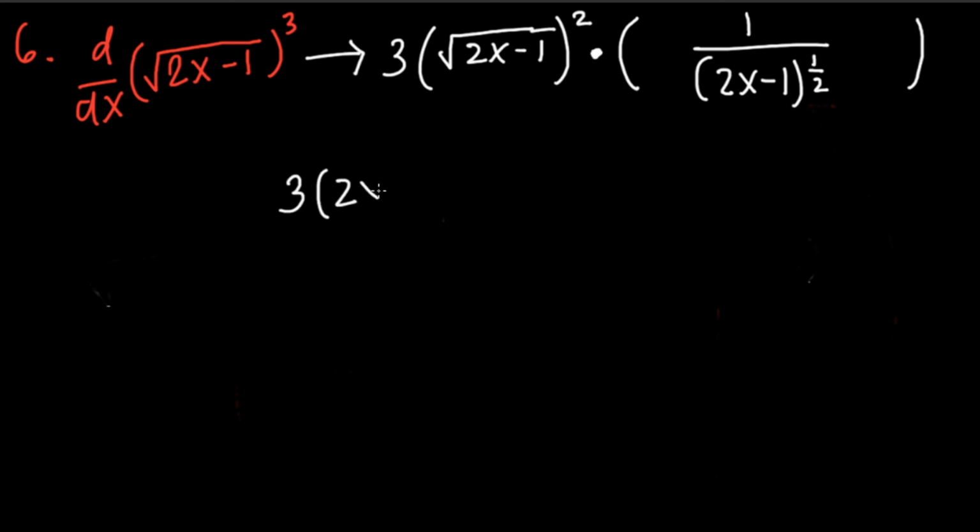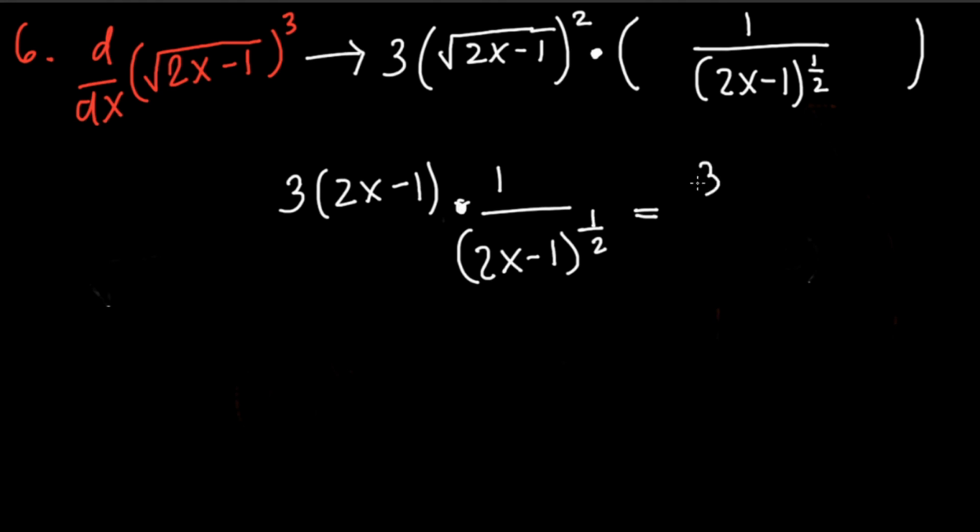Gets? Times 1 over 2x minus 1 raised to 1/2. So, 1 over 2x minus 1 raised to 1/2, edi 1 na rin itong taas. Kasi tatimes mo lang naman to sa 1. Diba? Oh, edi 1. So, ang sagot is 3, 2x minus 1, all over 2x minus 1 raised to 1/2.